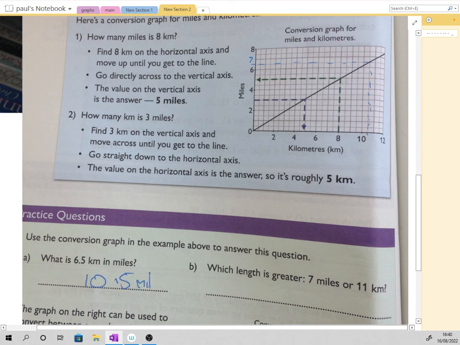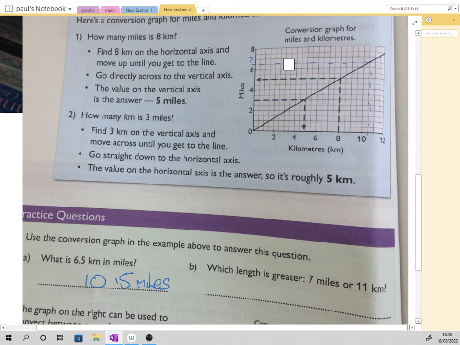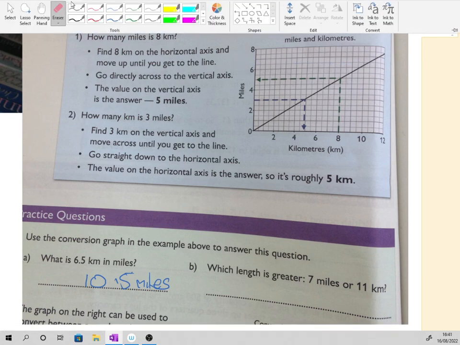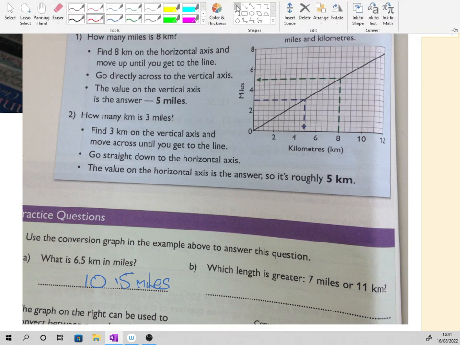10.5 miles. Which is greater, 7 miles or 11 kilometers? Right, so let's erase that. 7 miles or 11 kilometers. So we could do this.